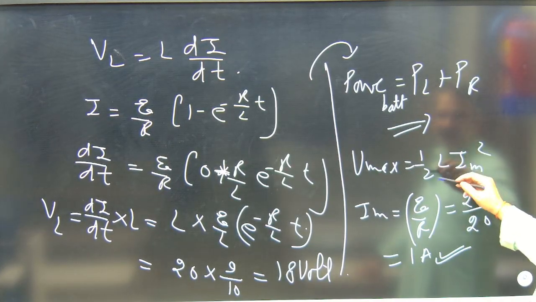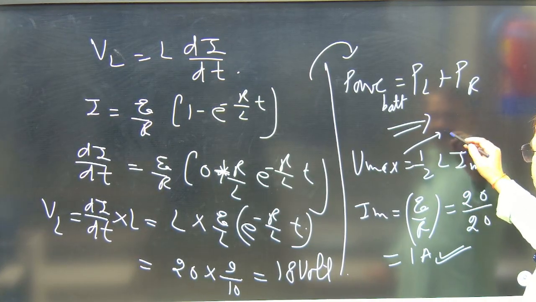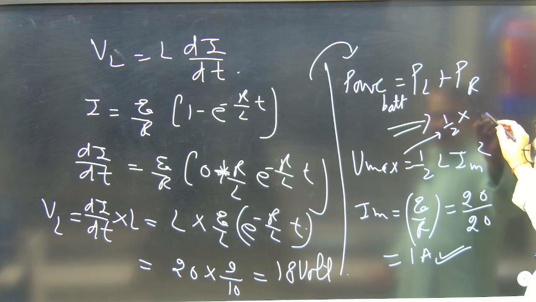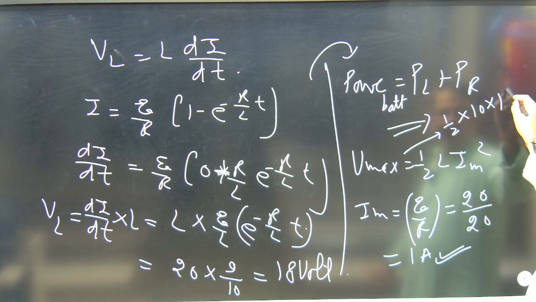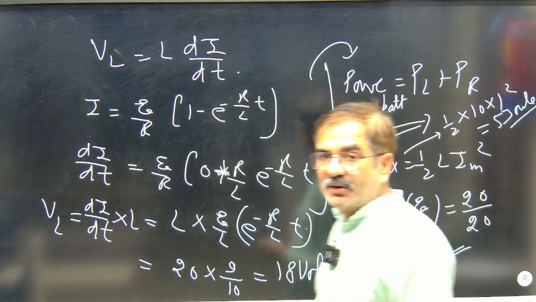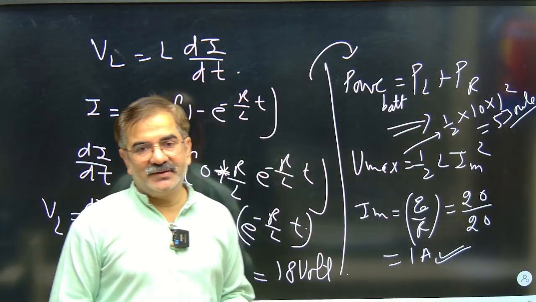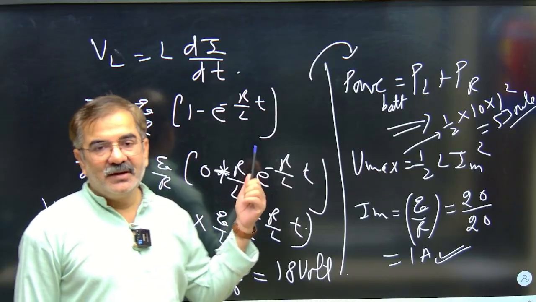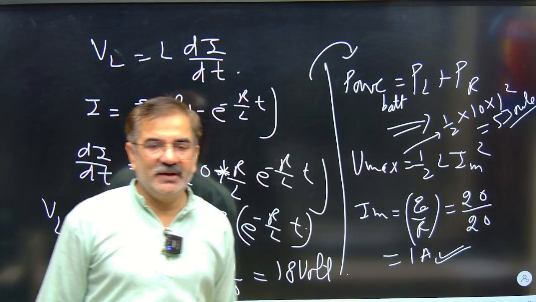L value was mentioned, so I can get the maximum value of energy. Half of L, which was 10, and current is 1, I square. It is 5 joule. 5 joule of energy will be stored here in the circuit. All these results we can find and relate. For the LR circuit, at what time what result comes, all that we can see. Thank you.